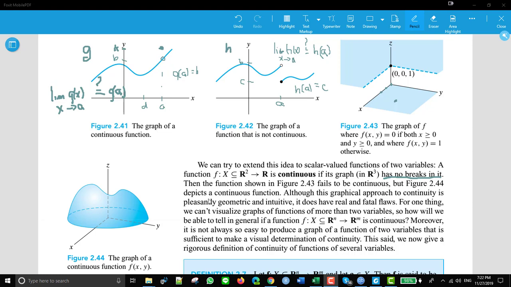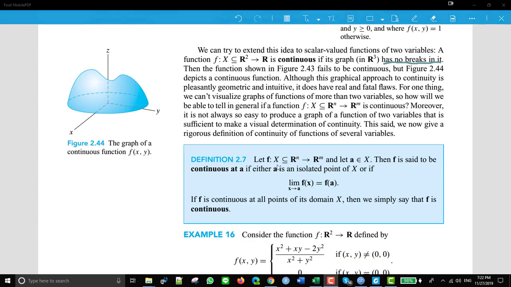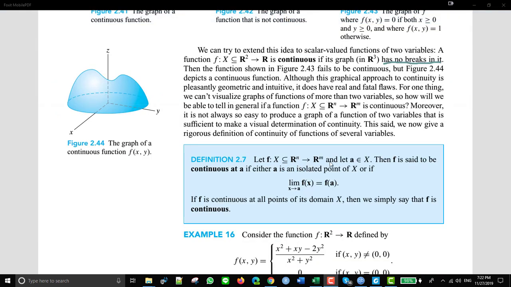So how will we be able to tell in general if a function is continuous? Here's the definition. If f goes from Rn to Rm, let a be in x. Then f is said to be continuous at a if either it's an isolated point of x, well, we talked about that before, let's ignore that for a moment, or if the limit as x goes to a of f of x is equal to f of a. So now we have a definition of continuous that works for these kinds of functions.